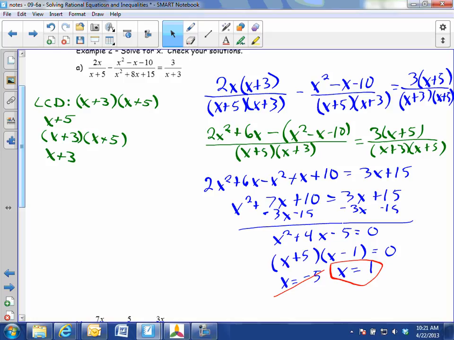This one is not. So we plug it in here. Well, you would plug it into 3x, but the only one we're worried about is this one, since it makes it undefined.